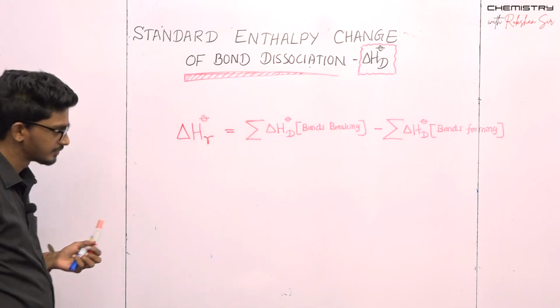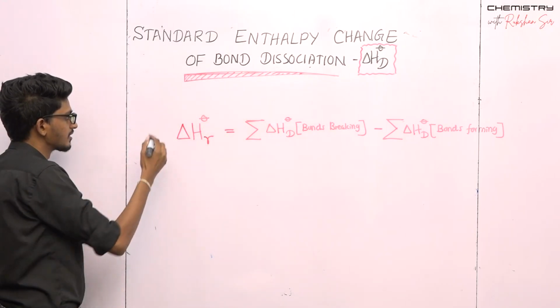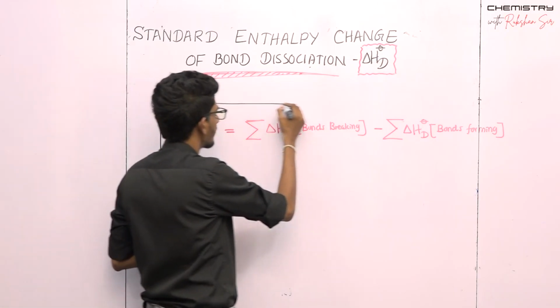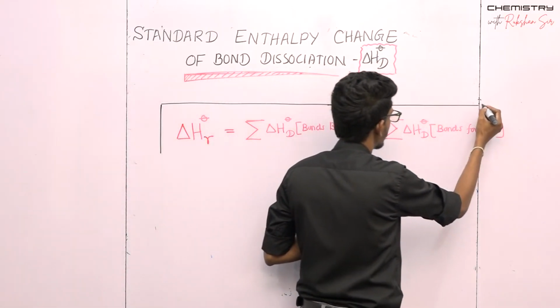So this equation will give you the delta H R.